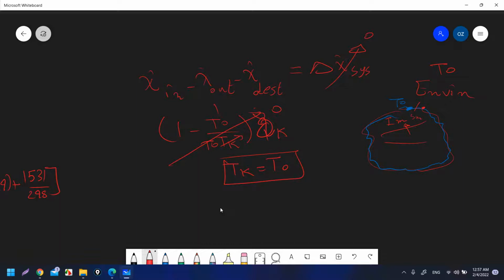This will give you m dot psi 1 minus m dot psi 2 minus X dot destroyed equal to 0.